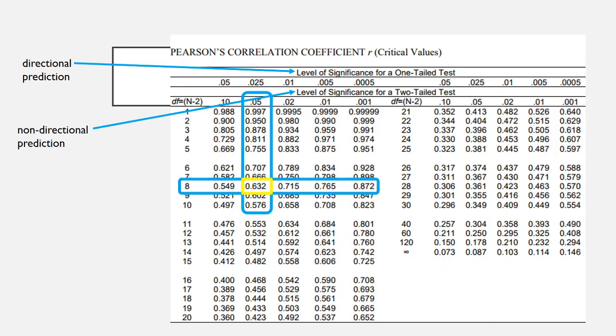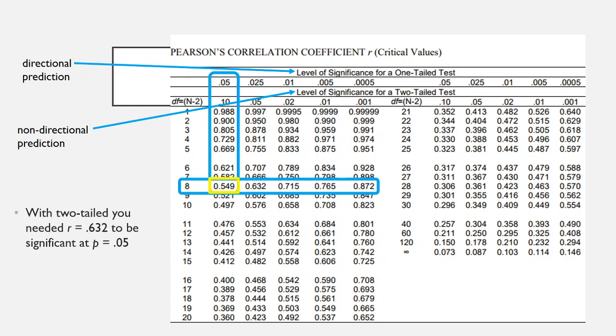So to demonstrate this difference between two-tailed and one-tailed and what it means for significance, here's what I mean. If instead, in the same hypothetical, I had used a directional prediction, I said, I think nostalgia is positively associated with happiness, I would have been living here in this column representing critical values for p equals 0.05 one-tailed. Notice that that Pearson's r is a smaller critical cutoff than the one with the two-tailed test.